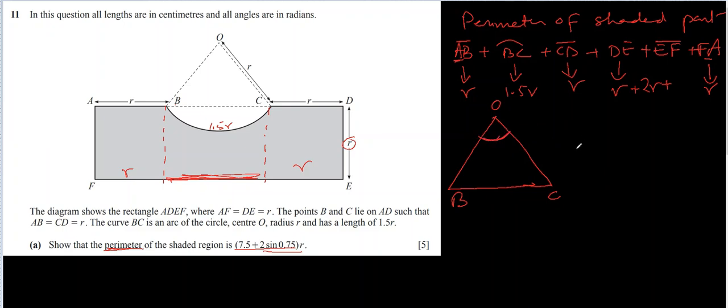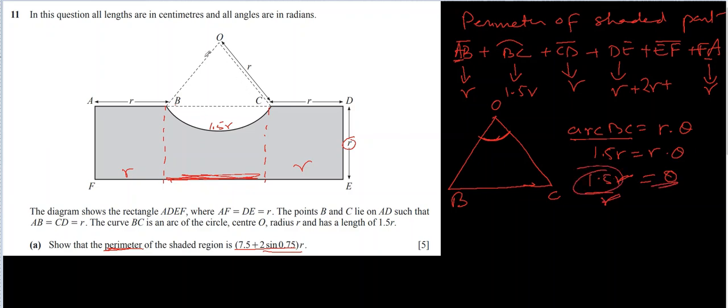So that angle will be, we know arc BC equals r theta. So we know arc BC is 1.5r equal to r theta. So theta will be 1.5r over r. So r and r cancel. Theta is 1.5 radians. That means this angle is 1.5 radians.